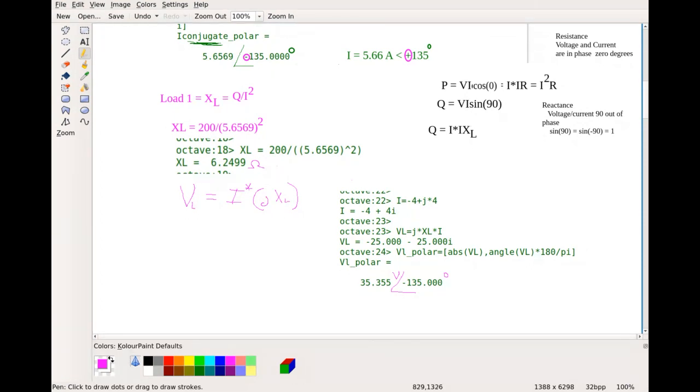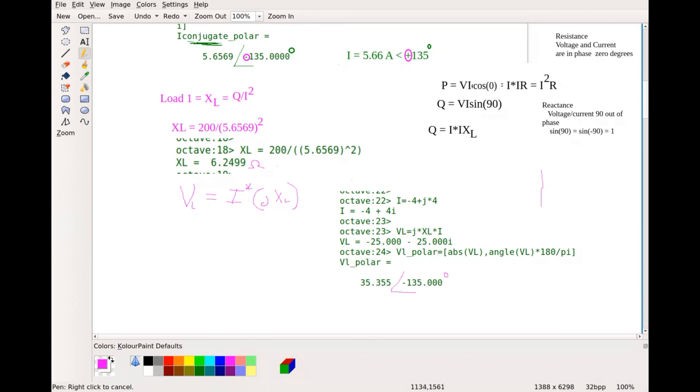Now notice here, these phase angles get a little confusing sometimes, because the voltage is minus 135 degrees, and the current was plus 135 degrees.